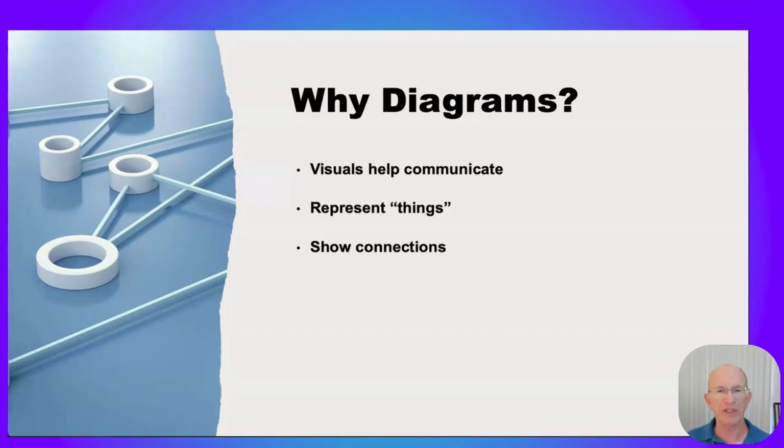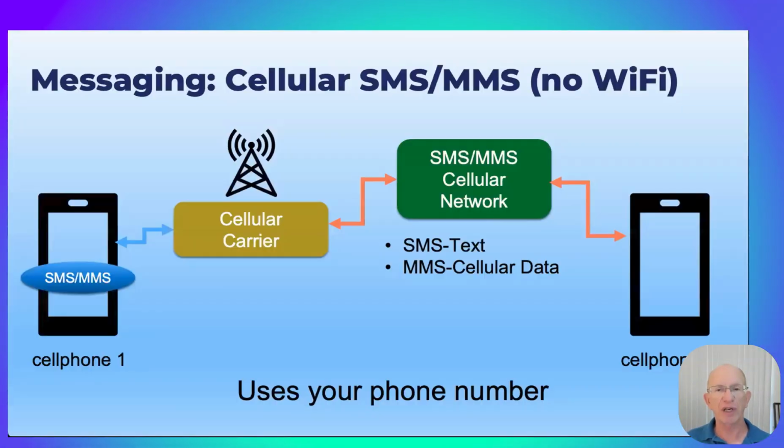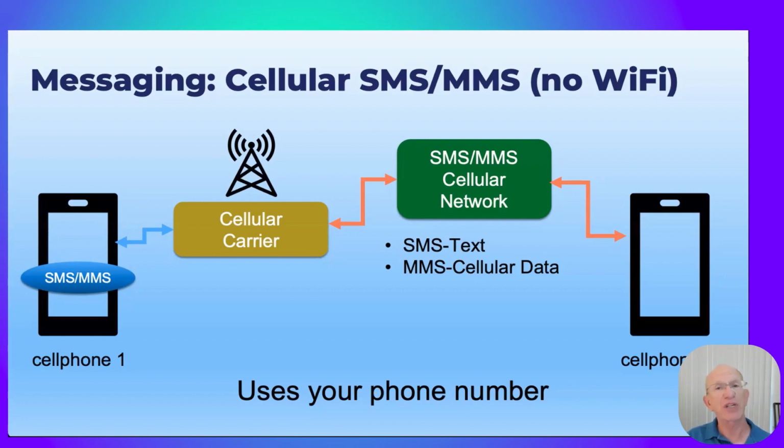I think I have an example here of what I did when I was talking about messaging and trying to explain better how cellular SMS and MMS messaging works without Wi-Fi when you're just using your cellular carrier. So there's a type of messaging that you use that goes from cell phone number to cell phone number.